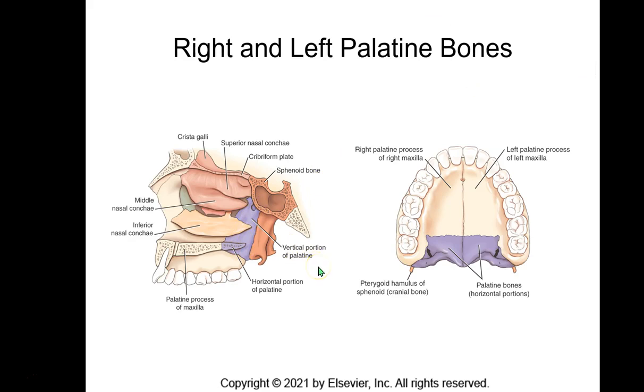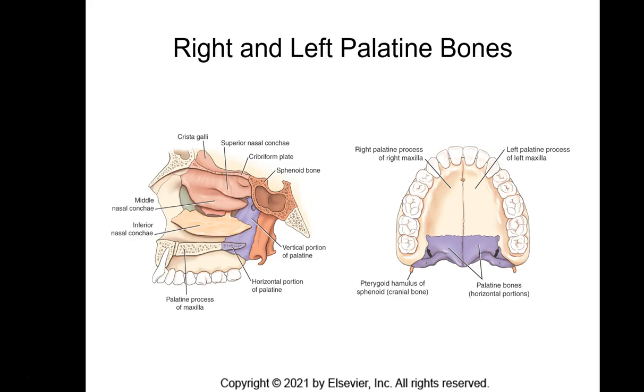The horizontal portion of each L, remember, makes up the posterior portion of the hard palate, and that is what you're seeing here. So this area corresponds to this area. Also, the most superior small tip of the palatine can be seen in the posterior aspect of each orbit, and we'll do a separate lecture on orbit anatomy.